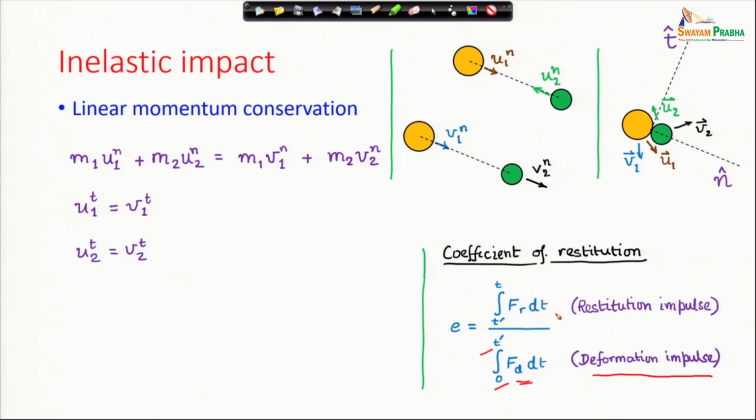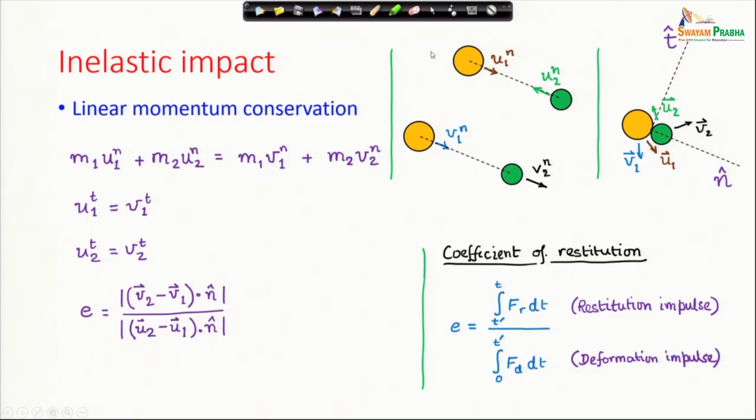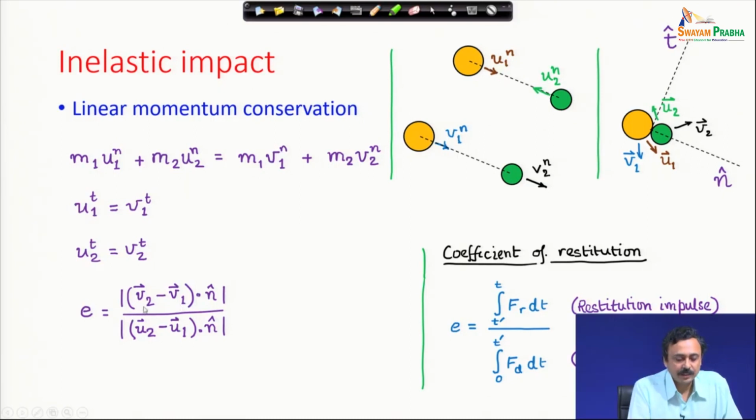in the numerator, and this ratio is called the coefficient of restitution, and that can be shown to be equal to this quantity, the mod value of V2 minus V1. V2 minus V1 is the relative velocity of 2 relative to 1.